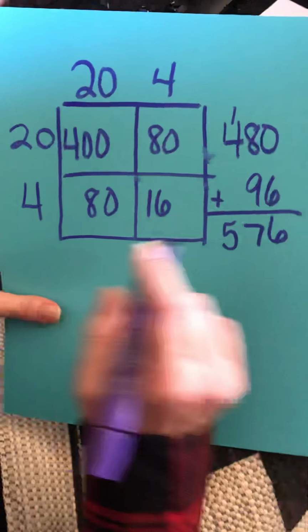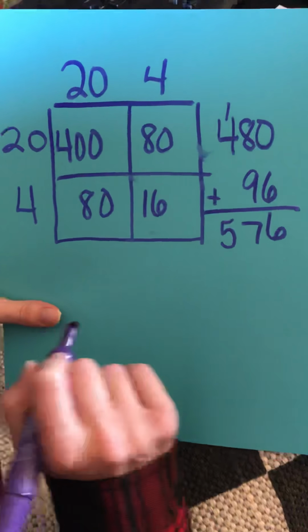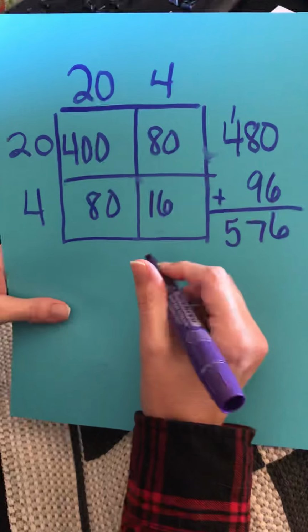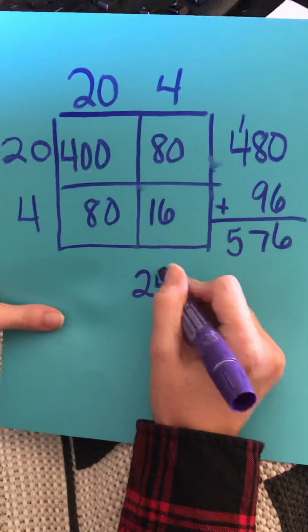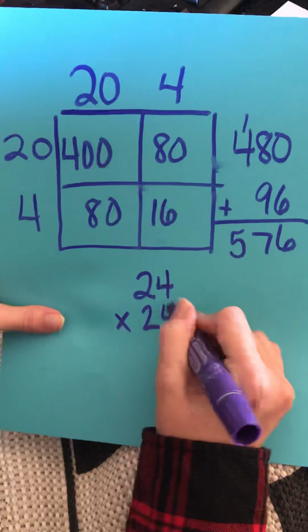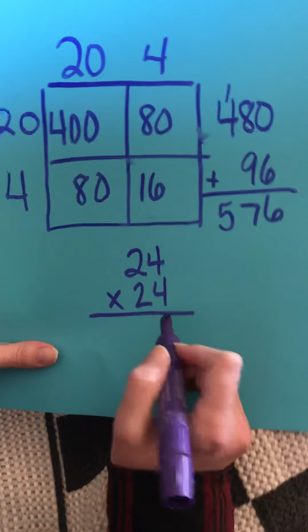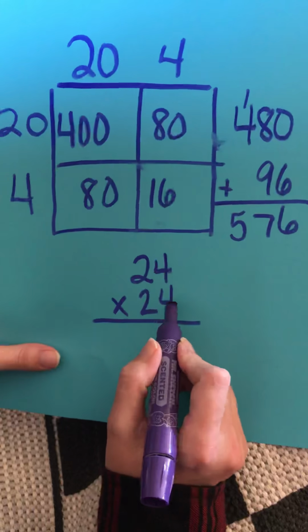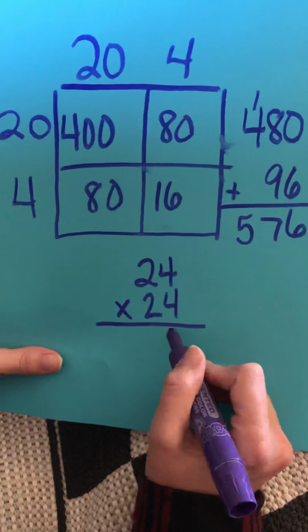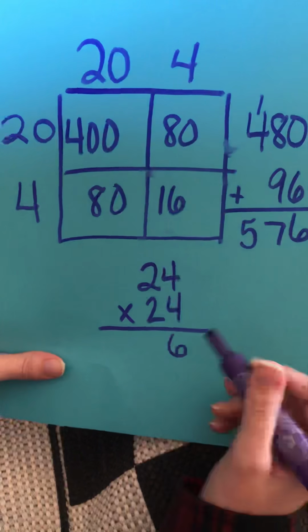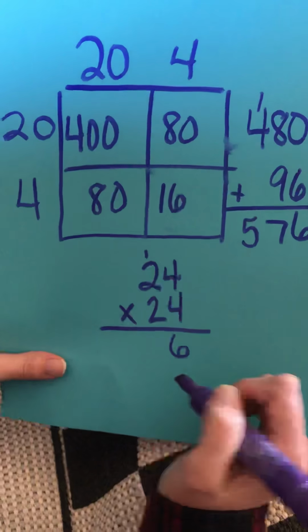So now I'm going to do it using the standard algorithm. So I've got 24 times 24. And so we've talked about this some, so let's see what you remember for this. So we will start out multiplying 4 times 4 and get 16. And then I can carry the 1.